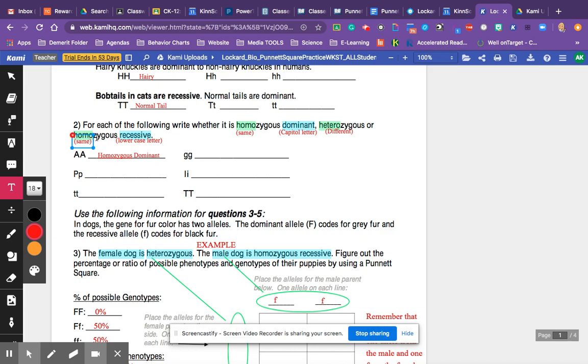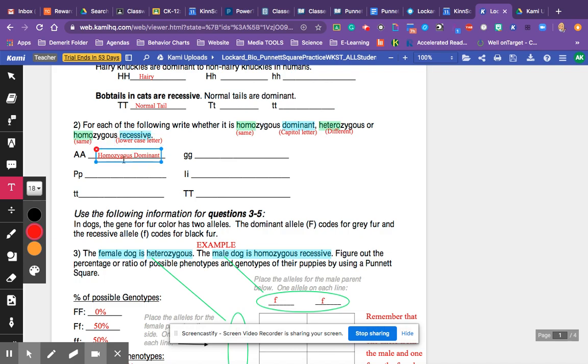If they are homozygous recessive, they have two of the same lowercase letters or recessive genes. Heterozygous, the prefix hetero means different. So when they have two different letters, like big T, little t, they have a dominant, but they also have a recessive. They got two different traits from their parents.